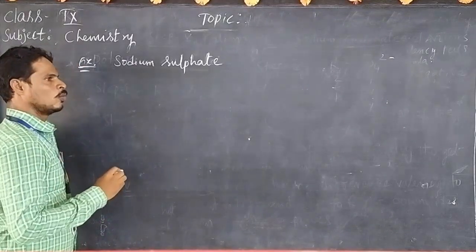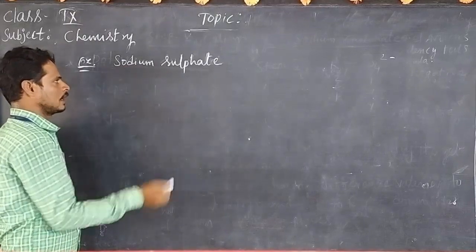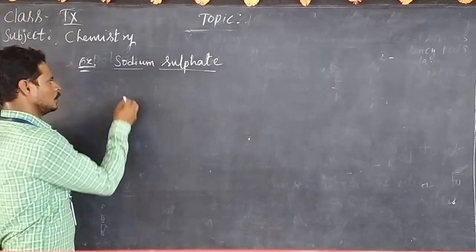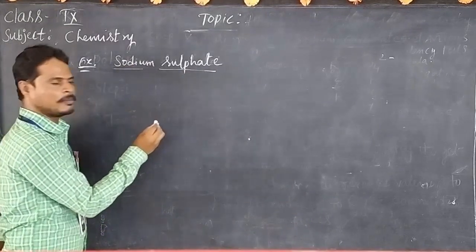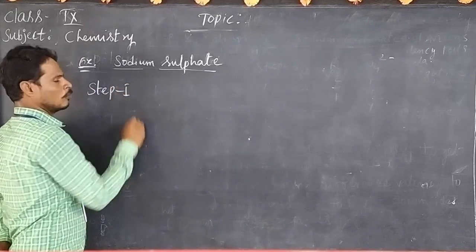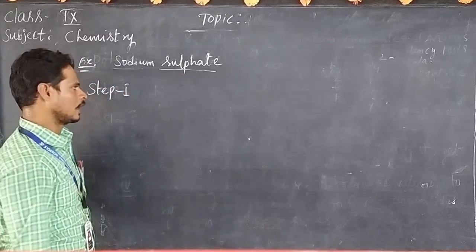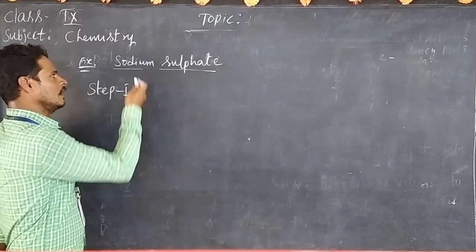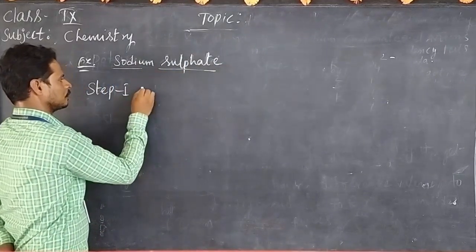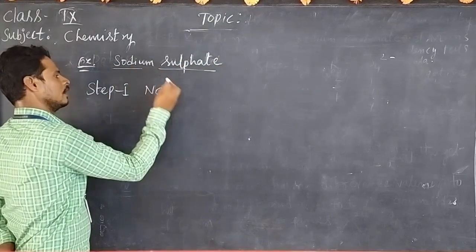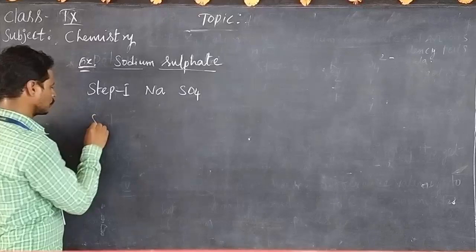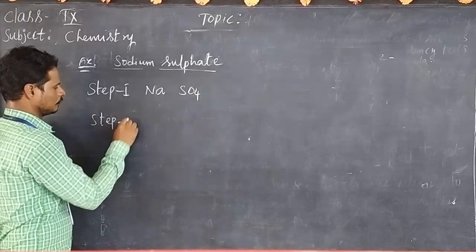Here, what is the cation and what is the anion in sodium sulfate? Sodium is the cation, sulfate is the anion. Now what is the symbol of sodium? Na. Step 1. Write the positive radical and the negative radical. Positive radical on the left side, negative radical on the right side. NaSO4. Step 2.